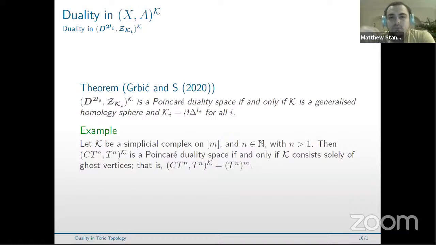Now, what's interesting about this is that one may have asked earlier on, we know that the simplicial multi-wedge construction extends this result about duality. We know that if I have a polyhedral product on some simplicial complex K, where I have disks and odd spheres, where I have a disk which is the boundary of such an odd sphere, then I know that this thing is a Poincare duality space if and only if the simplicial complex K is a generalized homology sphere.